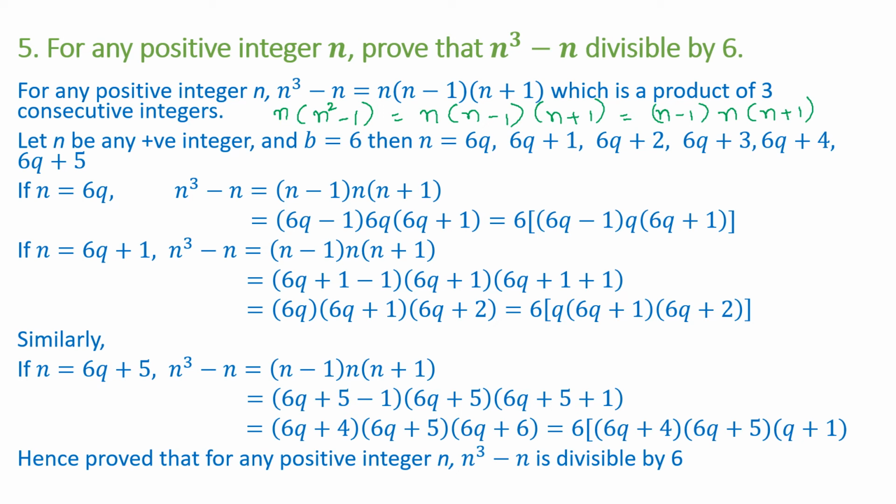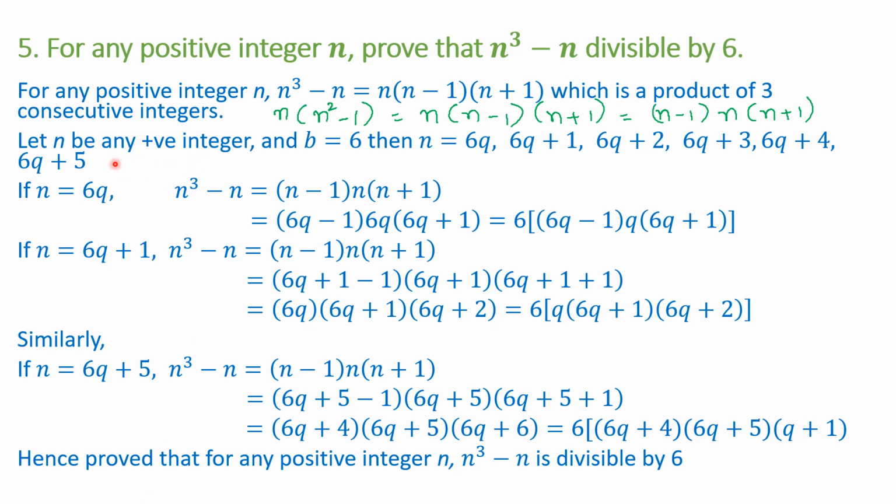So if n is 8, 8 minus 1 is 7 and 8 plus 1 is 9, so 7 into 8 into 9. If n was say 13, then that would be 12 into 13 into 14. So you are getting 3 consecutive integers.